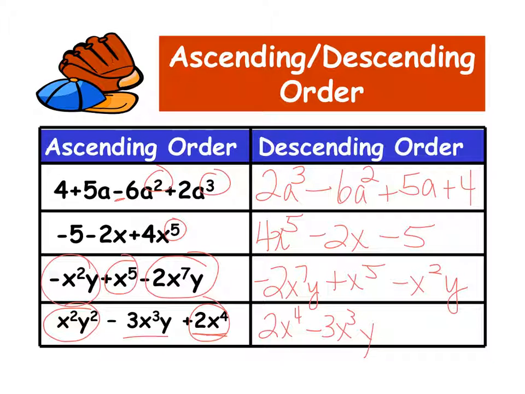And then finally x squared, y squared. On these two right here, we basically go in alphabetical order. So x comes before y, so we arrange them with all the terms that have x in them, and we descend with the exponents in the x, and then we do the y.